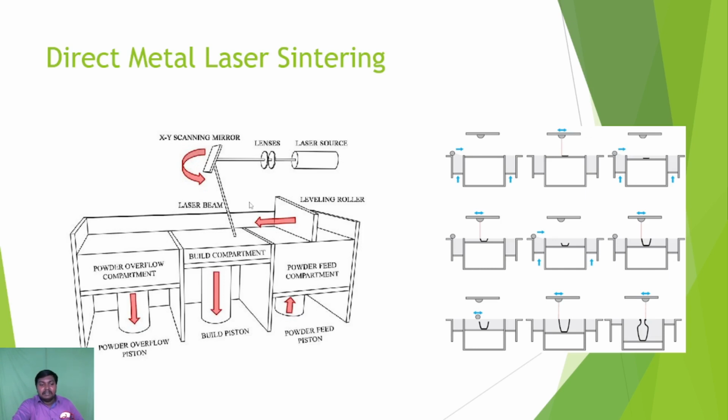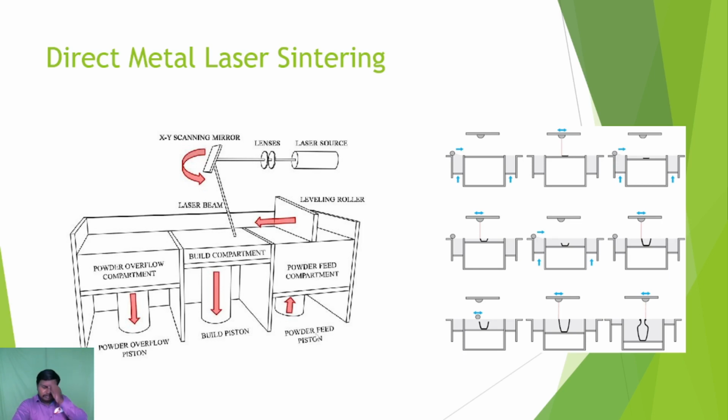First, the working principle: the laser is focused on the XY scanning mirror, and that laser beam falls on the build platform, and the first layer is formed based upon the 3D model from the designing software.